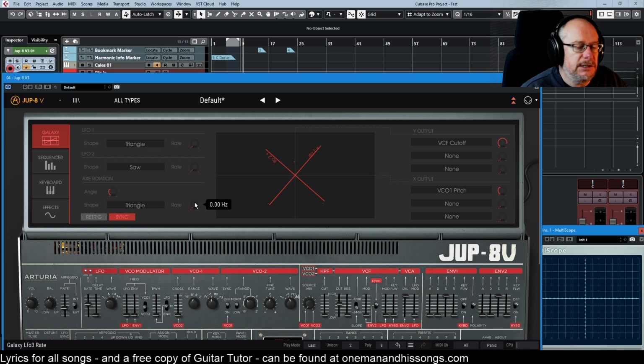Sync merely changes these controls from hertz into tempo. And could you see each time I turn this control on or off, it's currently set to hertz until I click it and then change it and it switches to a tempo based thing. Tempo divided by 8 is the slowest rate we've got, which is still pretty nippy. So you get much finer control in frequency mode.